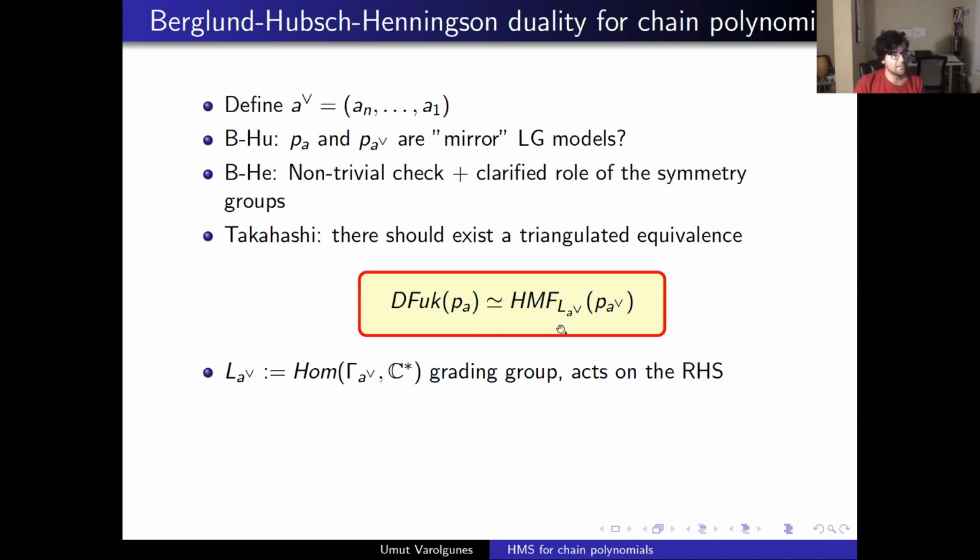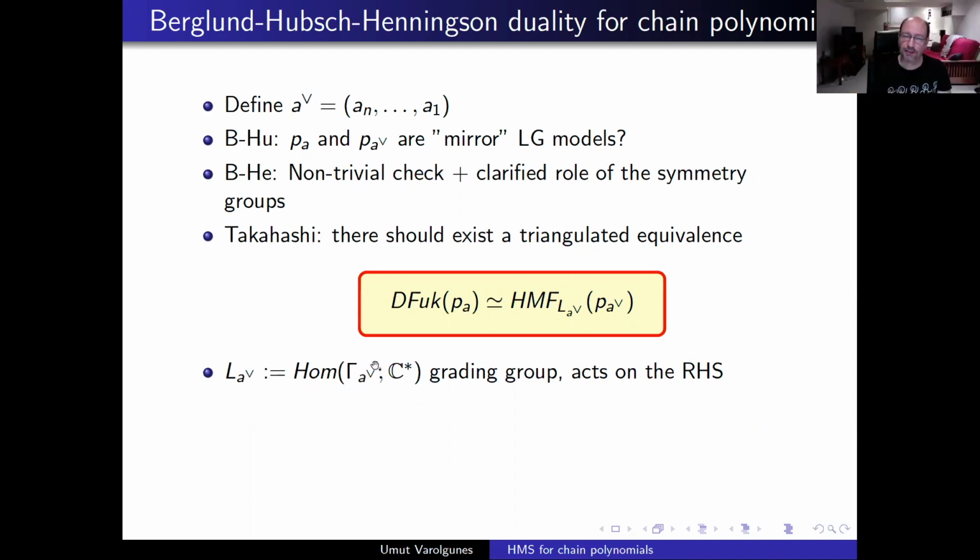The grading just comes from the fact that I have some action on Cn, and I need everything to be equivariant with respect to that action. That you can translate by duality into things being graded. Okay, so now, in particular, this grading group, which is just, so you take the dual.